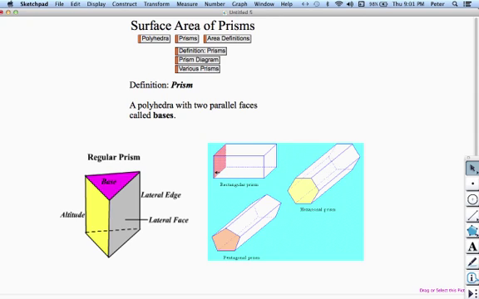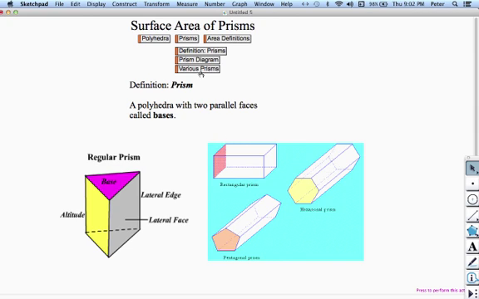It refers to the fact that the lateral faces meet the bases at right angles. So this would be a right pentagonal prism. None of the angles in the pentagon are right angles, but the lateral edges meet the base at right angles.